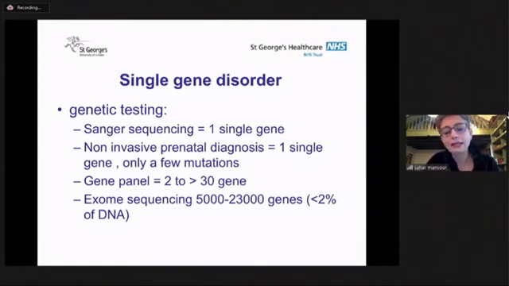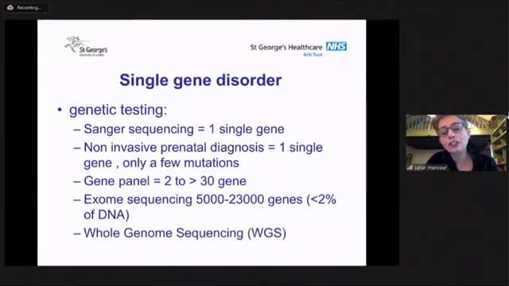So that is exome sequencing. And within the next year, we will have whole genome sequencing where they look at all of the DNA. Now, as you can imagine, the exomes, which is the coding genes, only account for less than 2% of the DNA. So if you can imagine how much data you're going to get from whole genome sequencing, you can see that it becomes increasingly difficult to interpret that information.